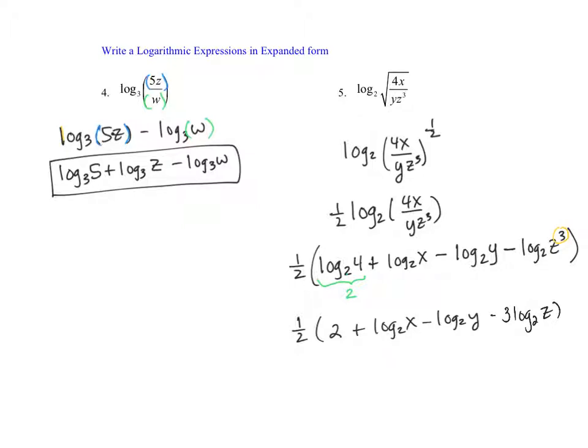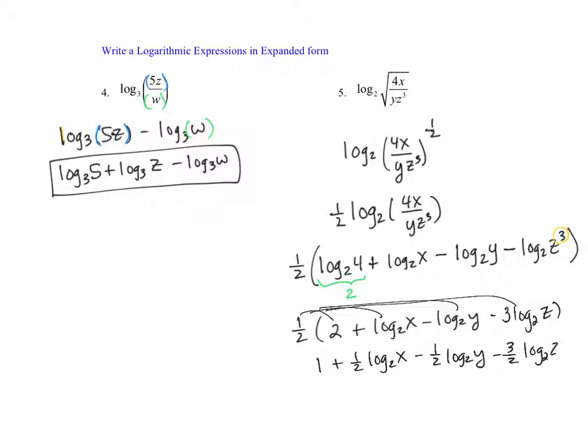And then my final step is just to distribute that 1/2 to everything. So I would have 1/2 times 2, which is 1, then plus 1/2 log base 2 of x minus 1/2 log base 2 of y minus 3/2 log base 2 of z. And that's the final answer on that one.